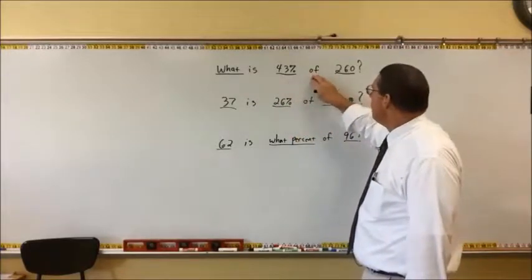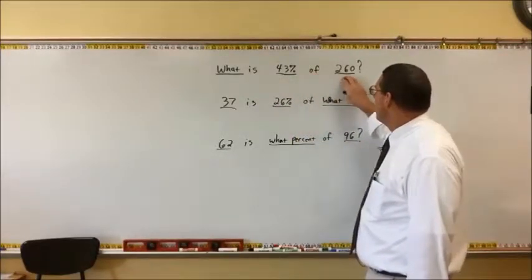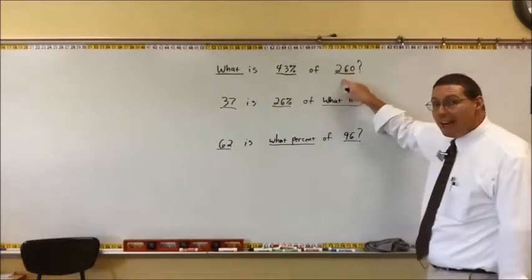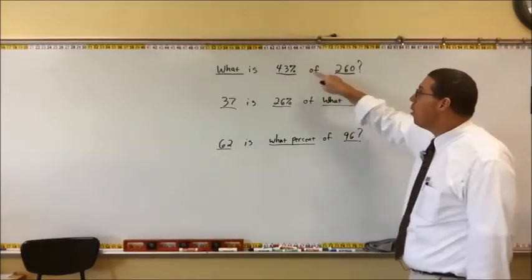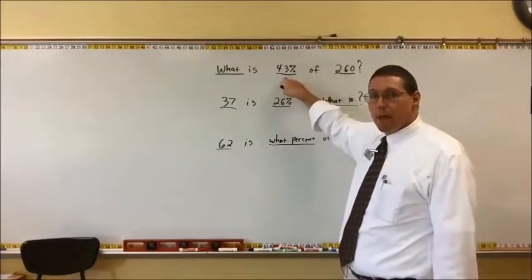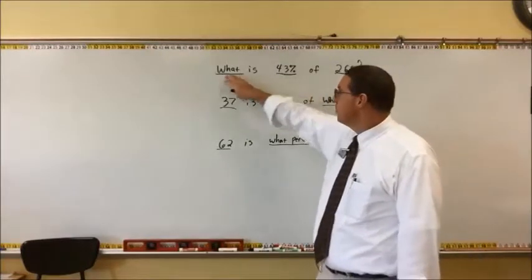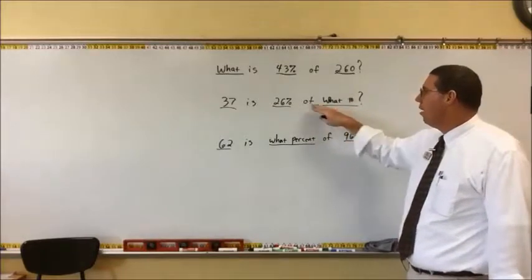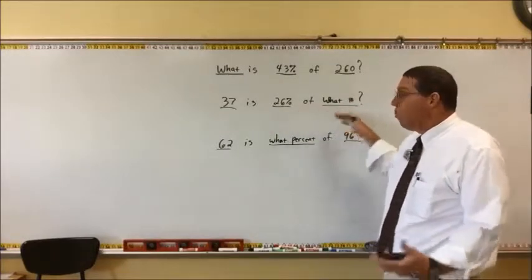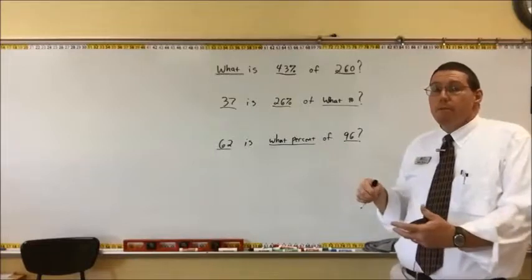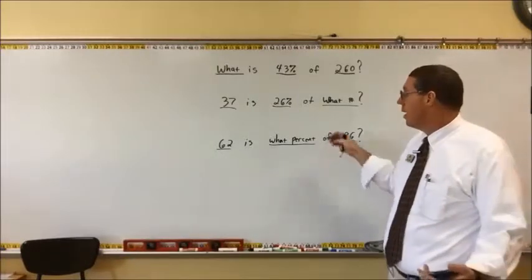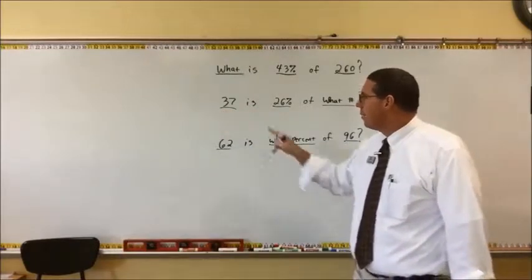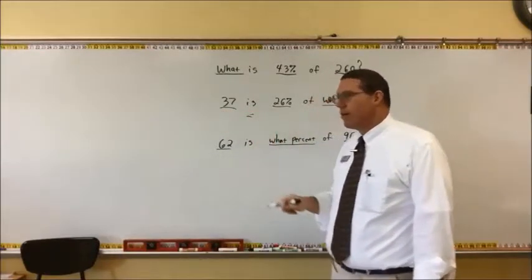The "of" number, like the 260 in "of 260," is always multiplied by the percentage, and that gives you the other number. In the second one, we don't have the "of" number: 26% of some number, that's the equals number, is 37. An "is" means equals.